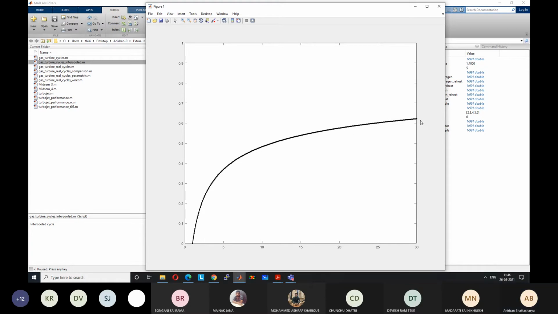And what is the efficiency for the simple Brayton cycle? That everybody should know. How do we express the efficiency for the simple Brayton cycle? Sir, 1 minus 1 upon R raised to gamma minus 1 upon gamma. Correct. So in this case, theoretically, what is the maximum efficiency that is possible?